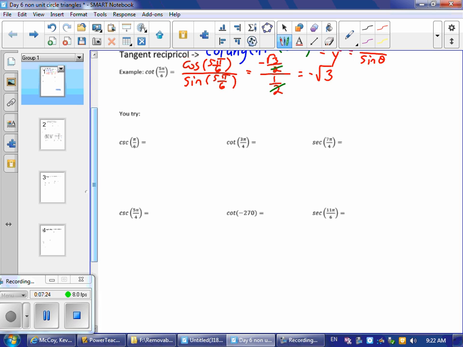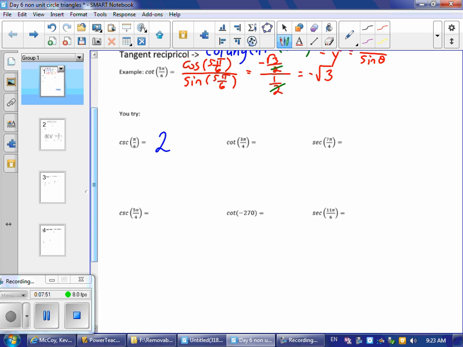So the cosecant of pi 6th. Cosecant is the reciprocal of sine. Sine of pi 6 is 1/2. Flipping over 1/2 is going to give us 2. Okay, the next one, cotangent of 3 pi 4ths. Well, this one I'm actually going to think of in terms of tangent.